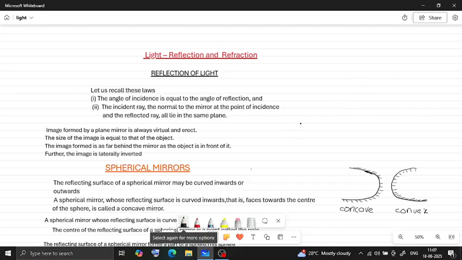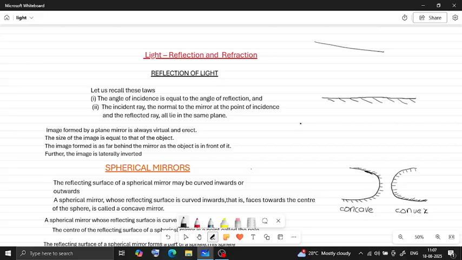Then what is the meaning of reflection? Consider that we have a very smooth, clear surface. We always represent light as a ray.